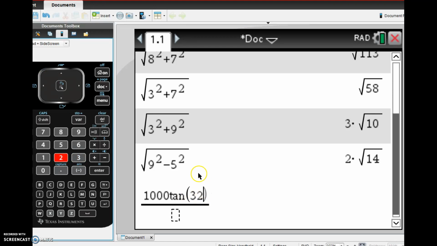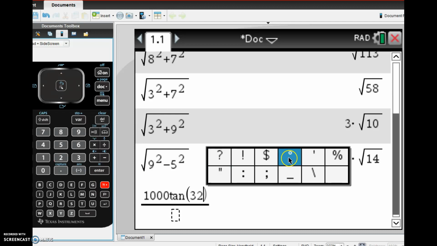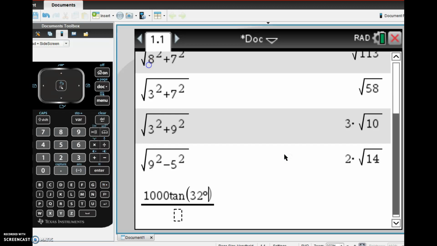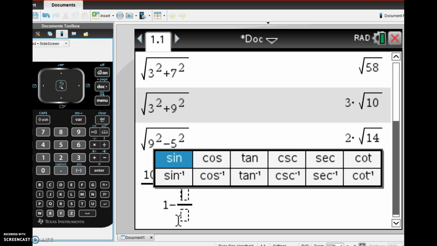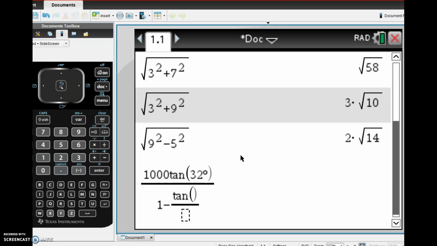But if you put degrees there, then it's degrees. So if I hit this little button right below the enter key, and select this little degree symbol, this is going to overwrite the radian input and make it a degree input. That's how I like to work with my calculator. I don't like switching back and forth from radians to degrees, and you really don't need to, as long as you know how to use that degree button.